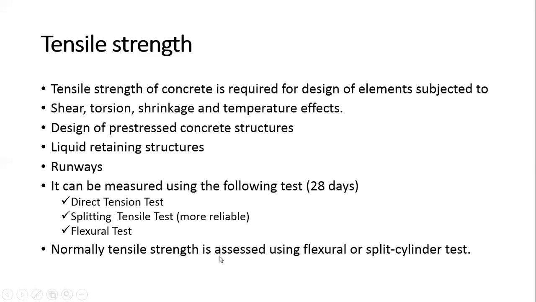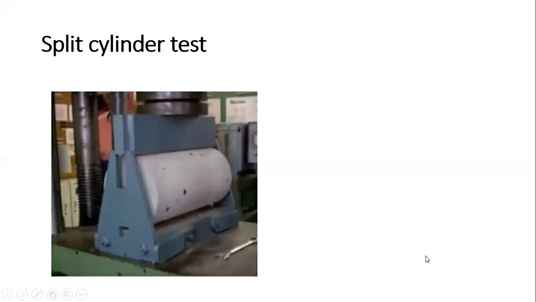Normally tensile strength is assessed using flexural or split cylinder tests. So what is the split cylinder test? Here the cylinder is placed in the compression testing machine in this fashion, with the height in the laid position.